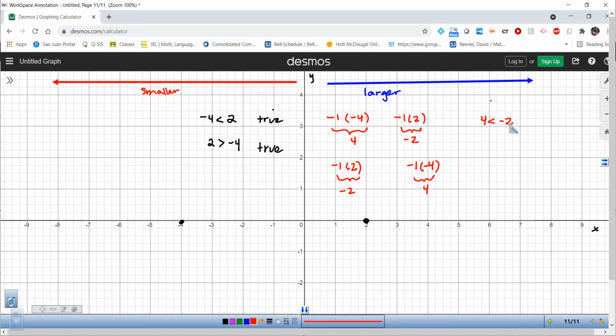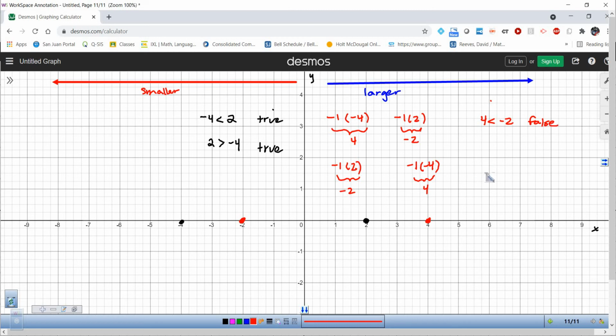Well, is 4 less than -2? So what do we have now? Now we have 4 and we have -2. So now let me ask you, is 4 less than -2? Well, 4 is over here on the larger side, right? It's getting smaller that way. So now we have a false statement.